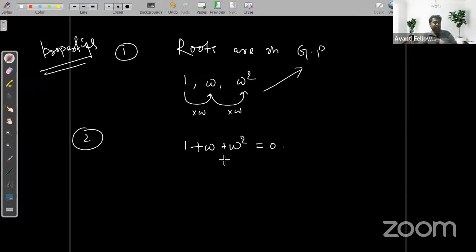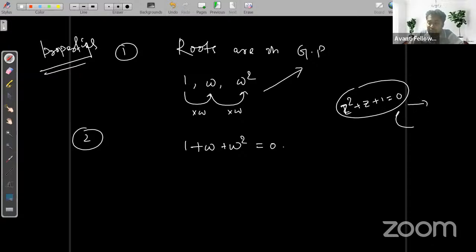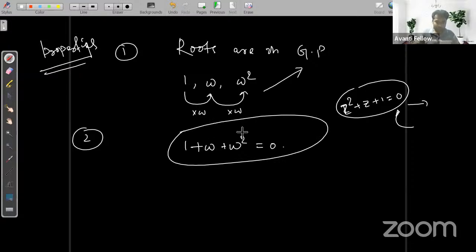You can also use the sum of roots formula. And also we know the equation z square plus z plus 1 is equal to 0. If omega is a root of this equation, then this equation will be true, that is, 1 plus omega plus omega square is equal to 0.